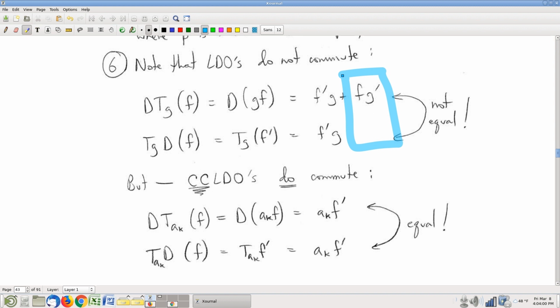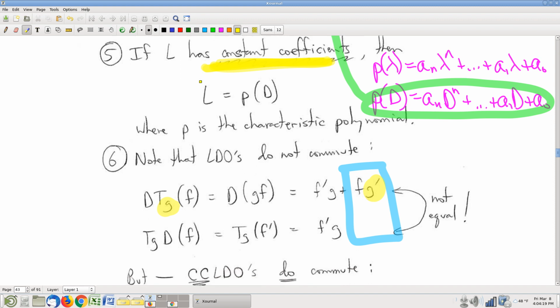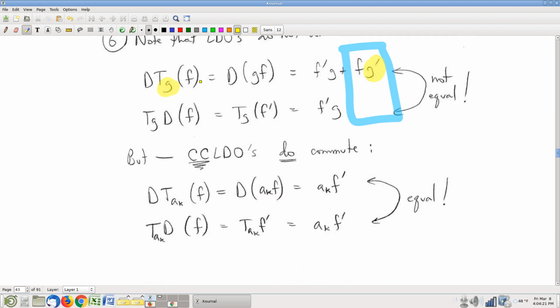So the clever observation to make here is, what if g prime were 0? If g prime were 0, that would mean g is a constant, which it is. We're looking at the constant coefficient case. So being that this is constant coefficient, those terms go away.